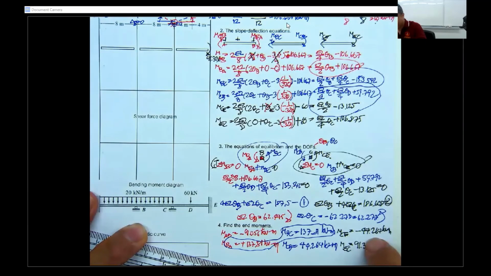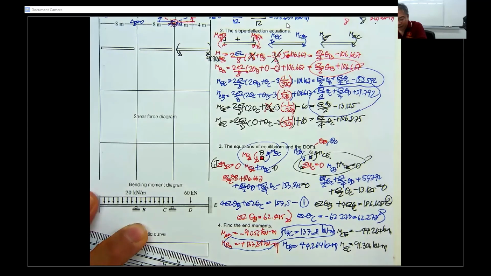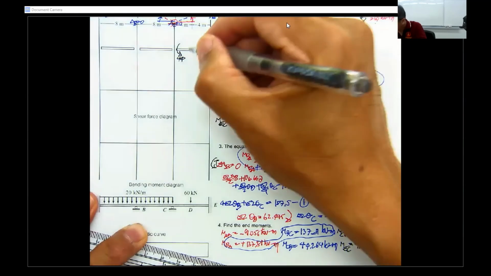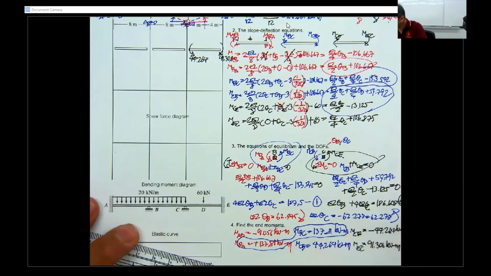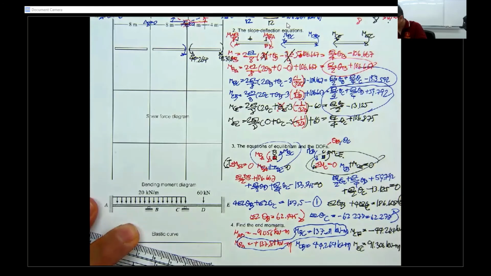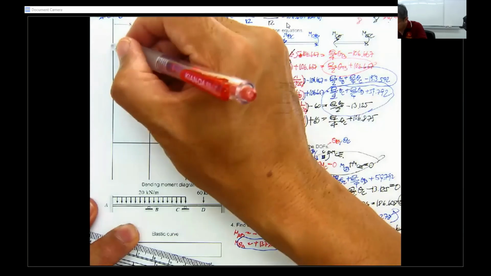And then this one is minus. That minus is counterclockwise. That is 44.264. And then this is going to be 44.264. And then what we have is 91.056. This is negative, right?